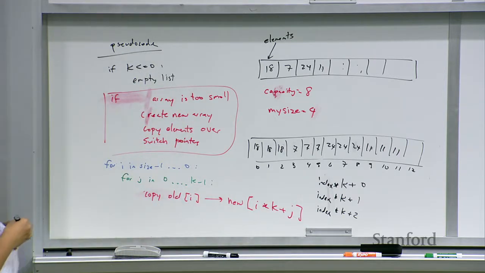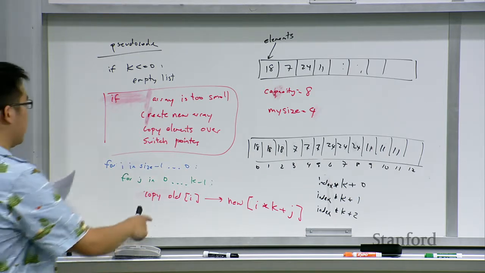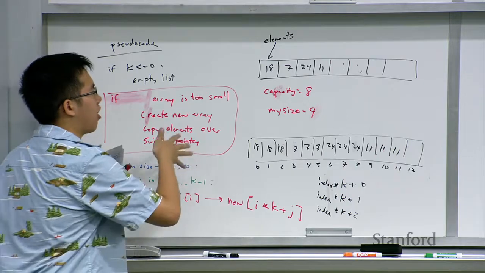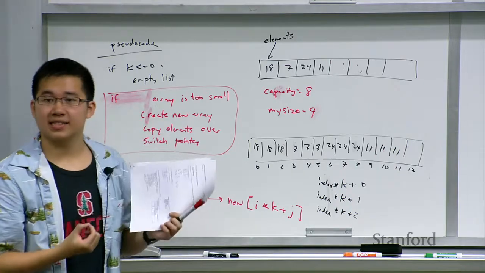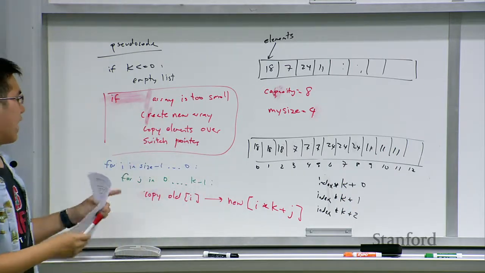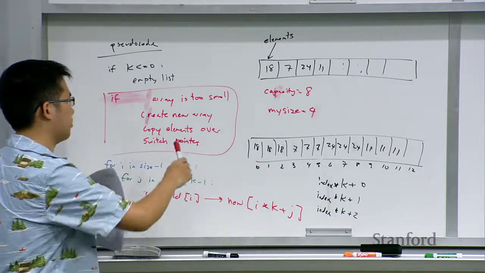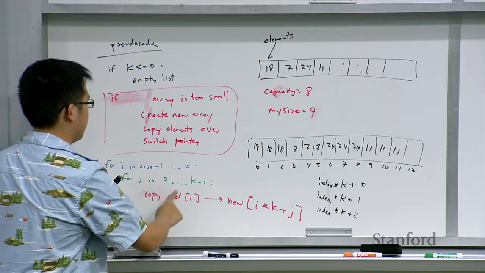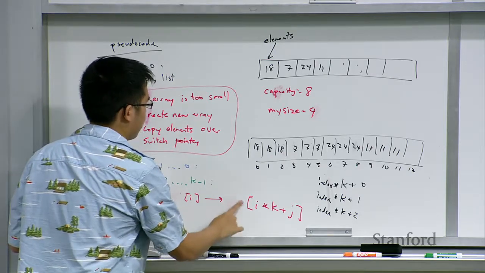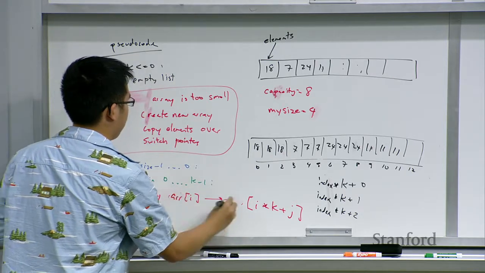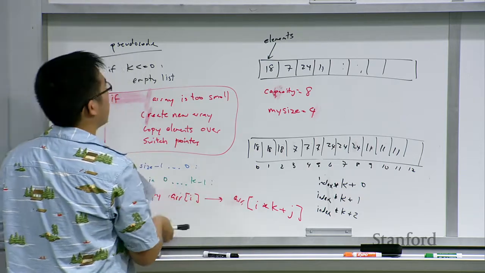Copy all the elements over, and then we're done. Oh, we don't need old and new arrays because we are operating on the same array. We're doing it in place. We're taking one array and just stretching all the elements across. So these are just the array. Okay, let's write this in code.